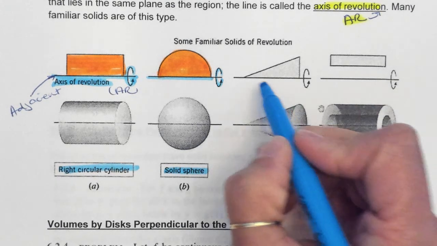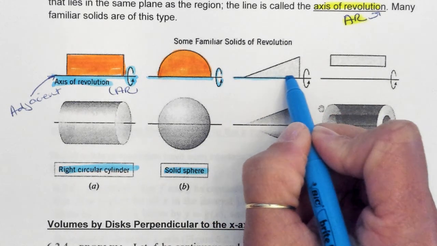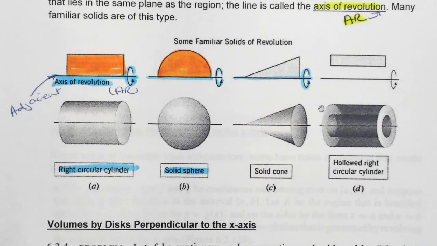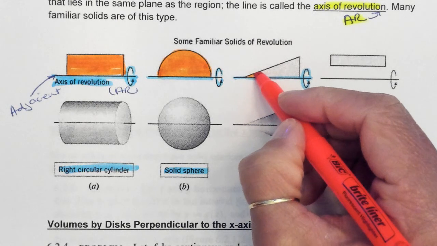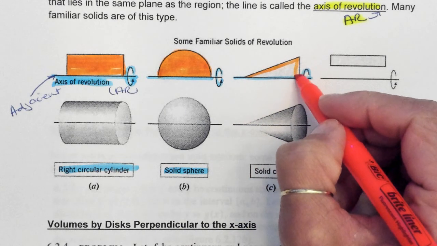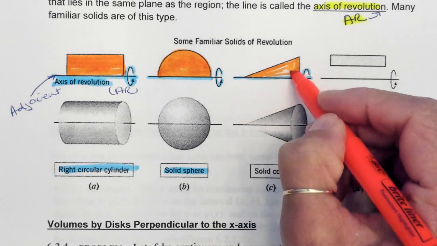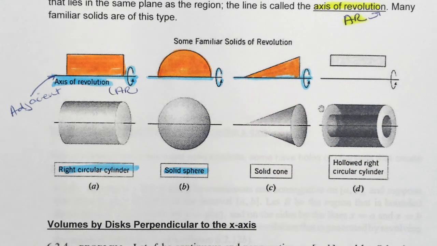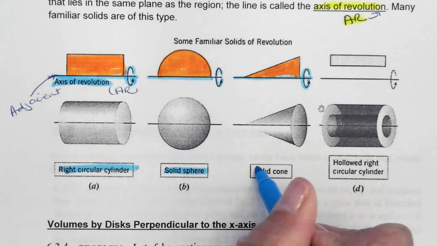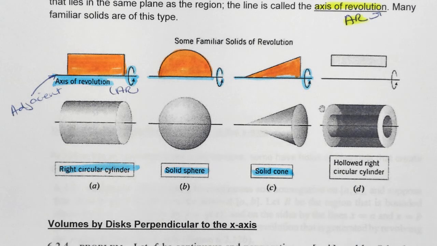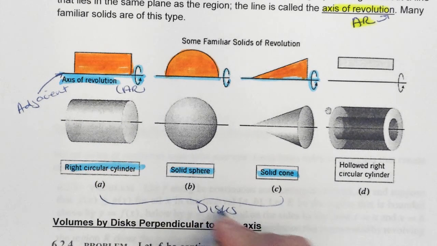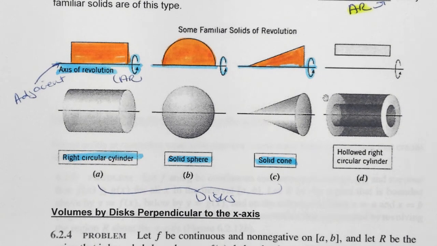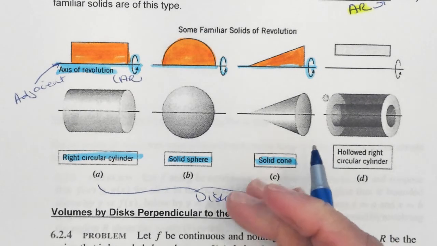Our last shape here that will be adjacent to the axis of revolution is a triangle, which once revolved all the way around the axis of revolution, 360 degrees, creates a solid cone. So all three of these right here are discs. There is no hole in the middle. It is completely solid.